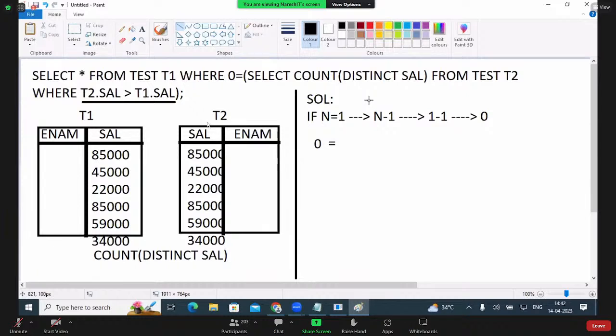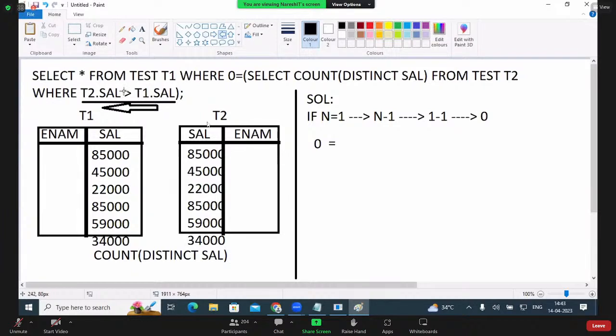In correlated subqueries, execution goes from outer to inner. Outer to inner means my comparison should be done from T1 to T2, because T1 is the outer query, and the outer query executes first. That's why the comparison is T1 to T2.